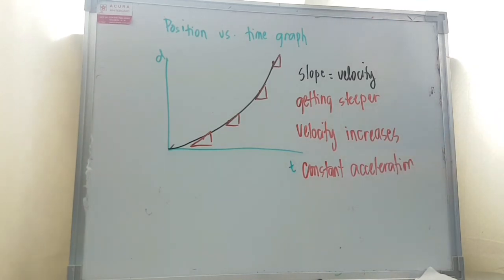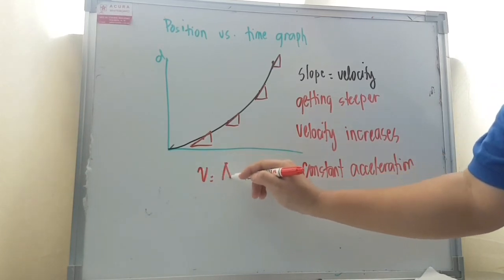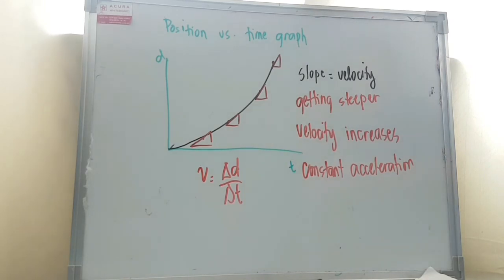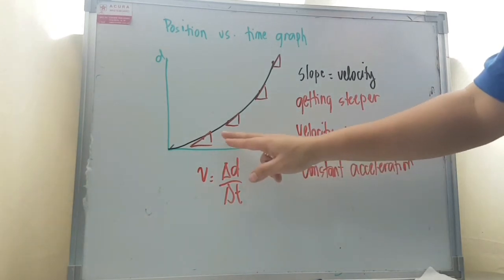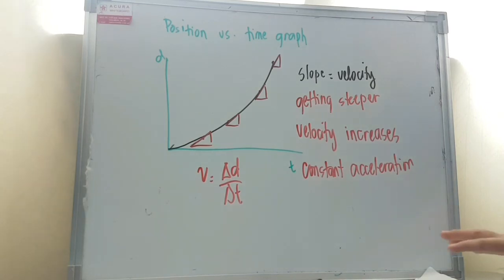Because if you get 2 points, we have again velocity is delta d over delta t. You will be able to get different velocities. And the velocity is actually increasing. That is again for the position versus time graph.